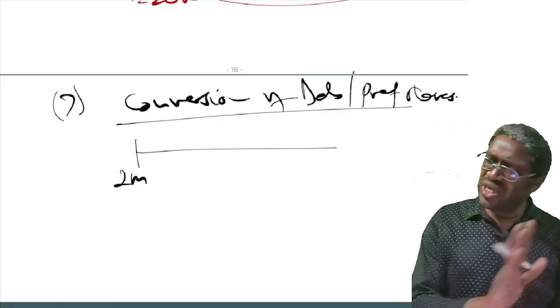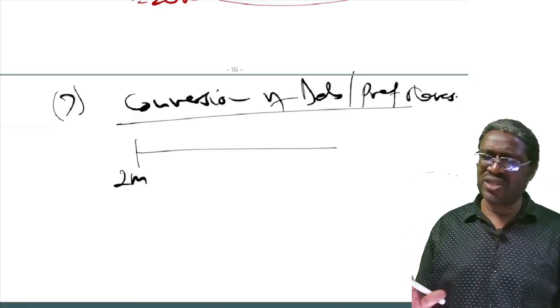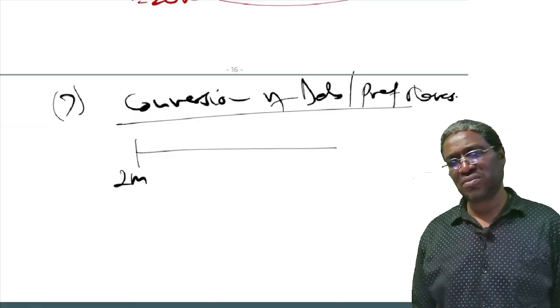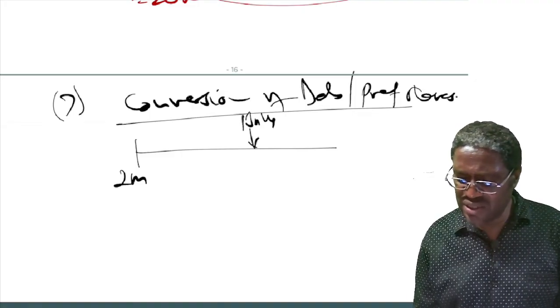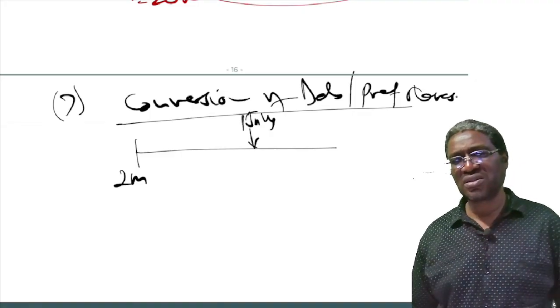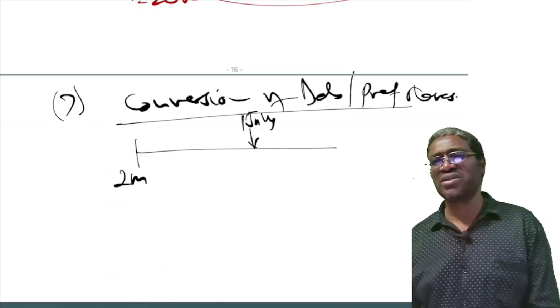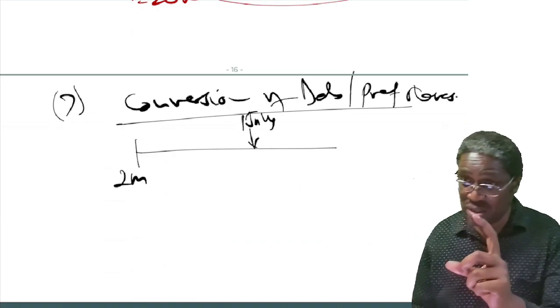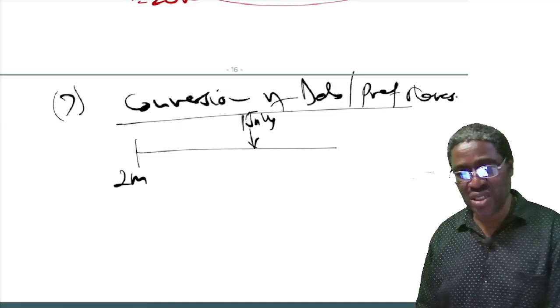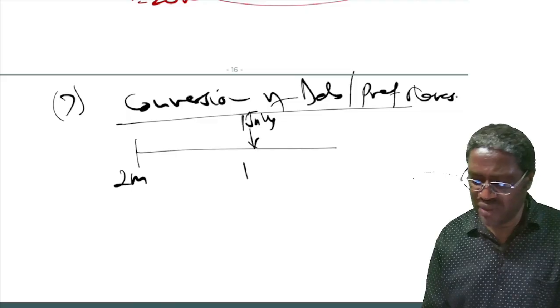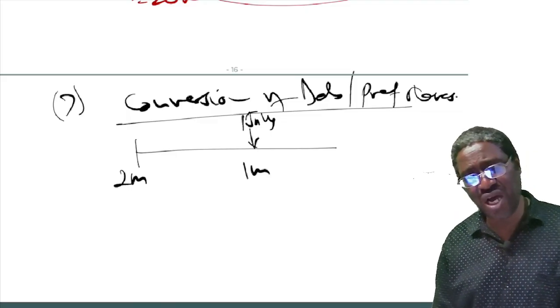From all those years, these guys had never exercised their right to convert. But come July this year, they decided to exercise their right and they converted their debentures or preference shares into ordinary shares. Suppose we issued them another 1 million on 1st July.